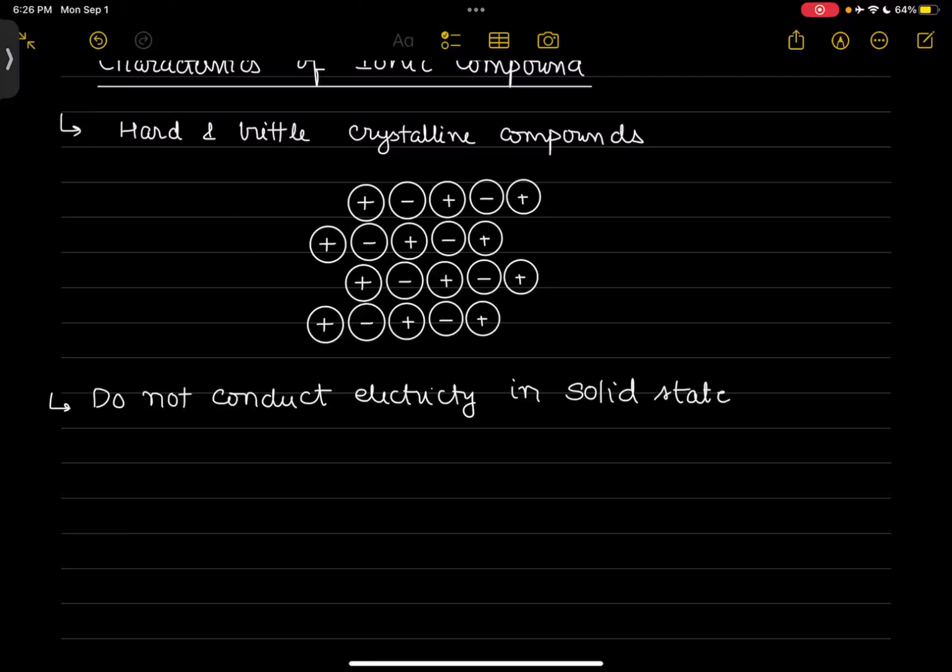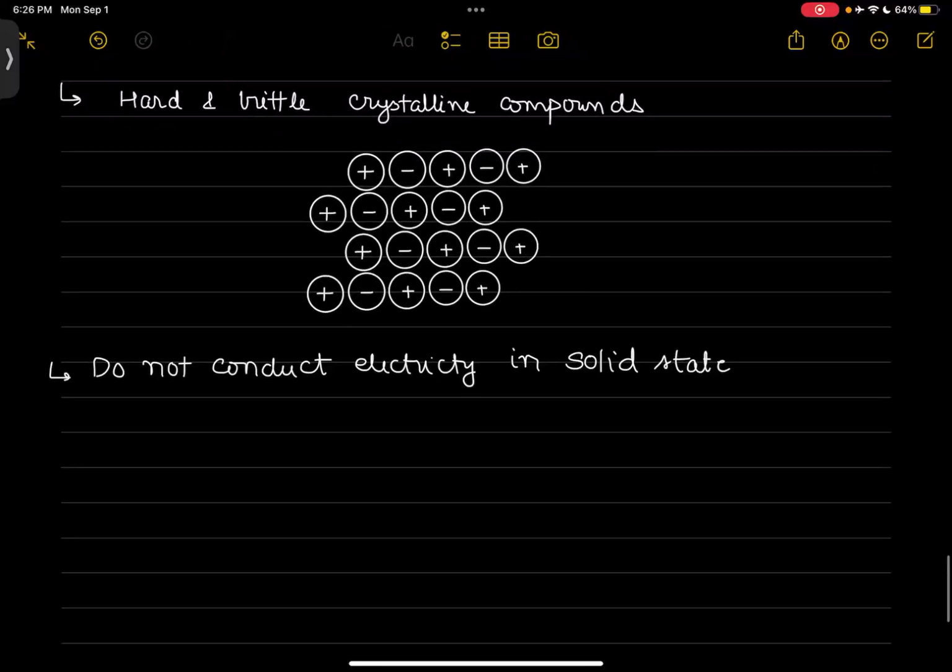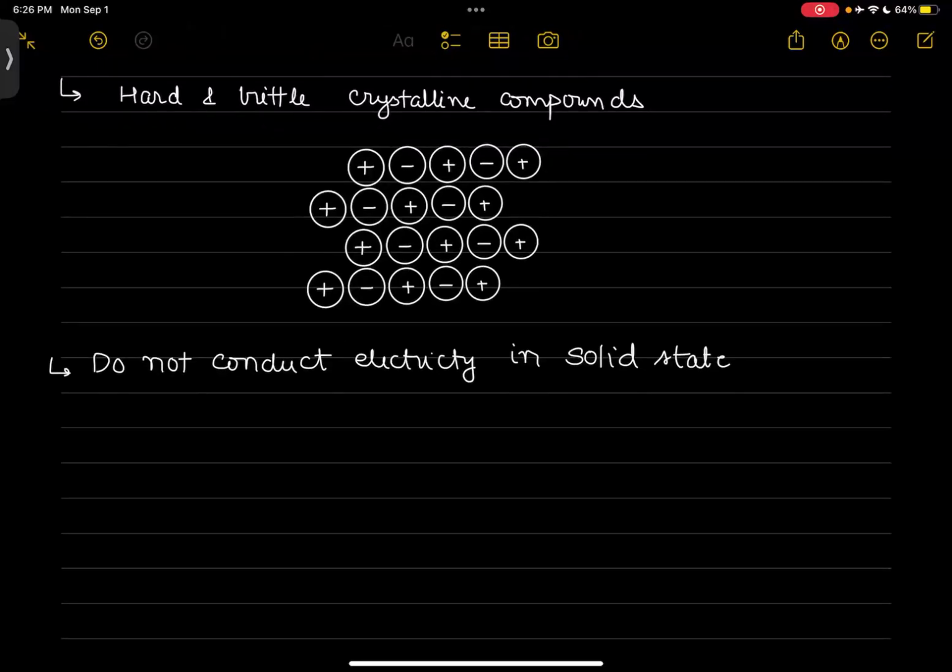But when they are dissolved in water, they become good conductors. Why? Because now they are able to move. The charges can move, they can transfer the electric current, right?